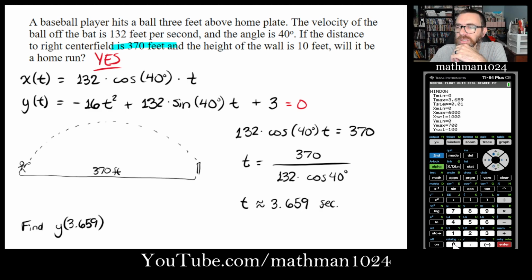The x min is 0. X max, we're just trying to see at 370 feet. And we can do this every 10. The y min is 0, and the y max, not sure how high that'll be. But let's say 400, see how that works.